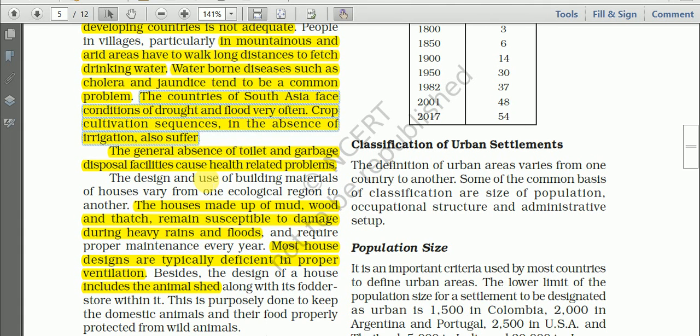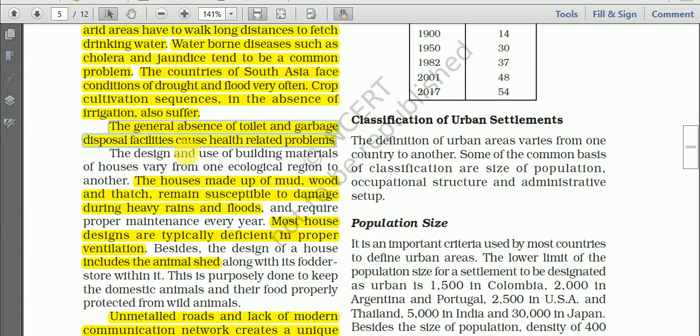And another important problem is given here: the general absence of toilets and garbage disposal facilities cause health related problems.